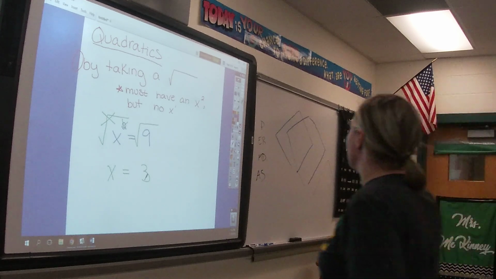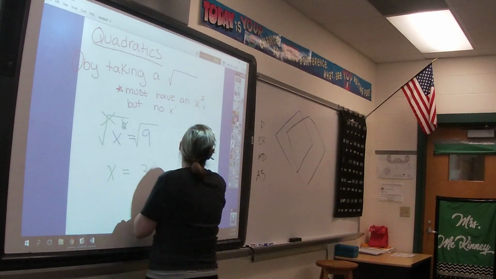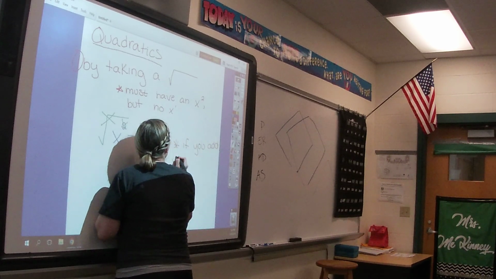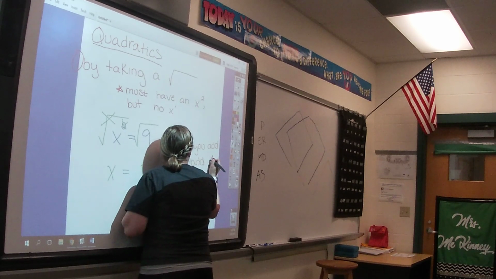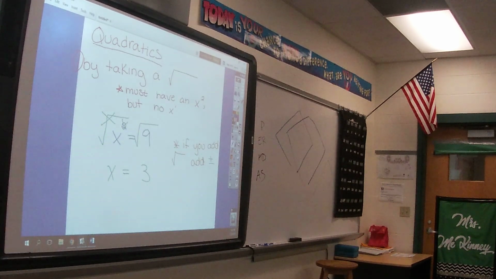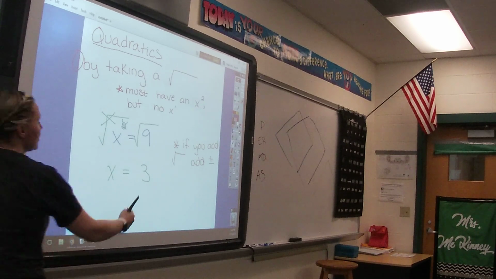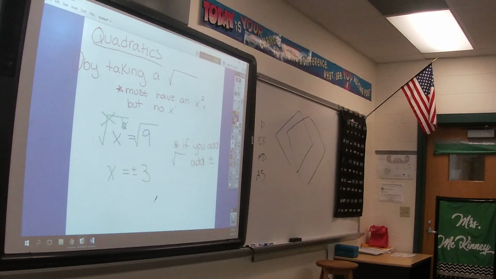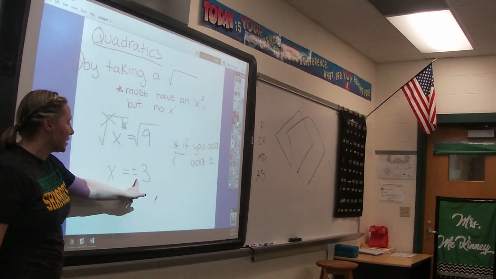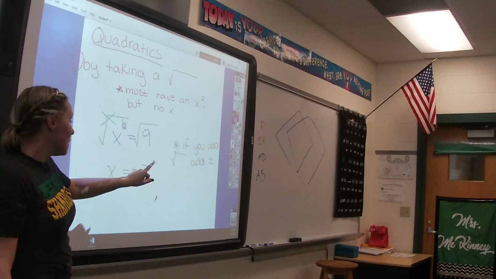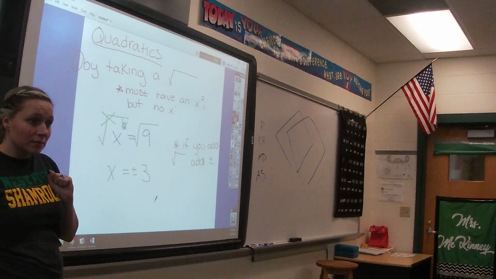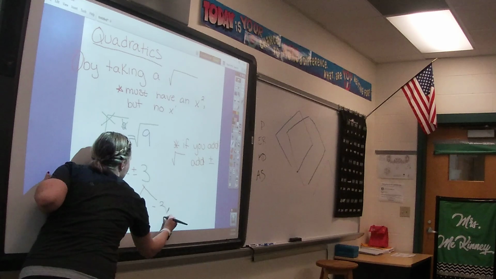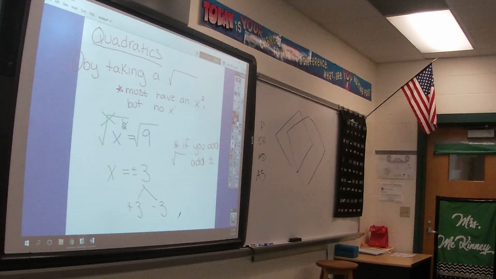So what we want to do is if we add the square root ourselves, you are also going to have to add a plus and minus. Okay, so in front of this 3, we're going to put that plus minus sign. And this plus or minus sign means that we have a positive 3 as an answer, and we have a negative 3 as an answer. So it's a way of writing two numbers without actually writing both numbers.